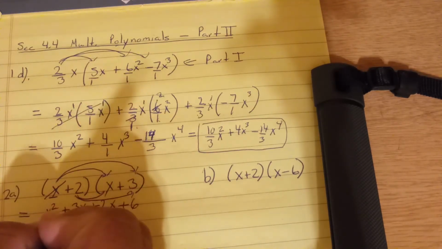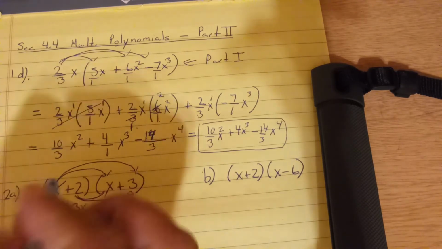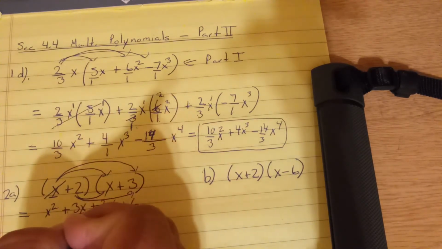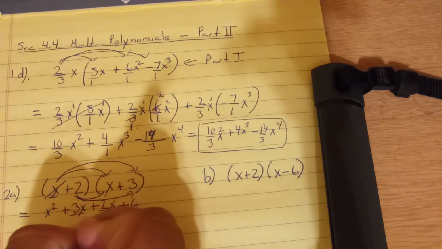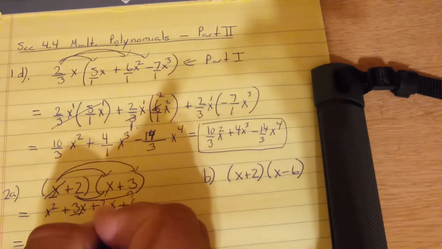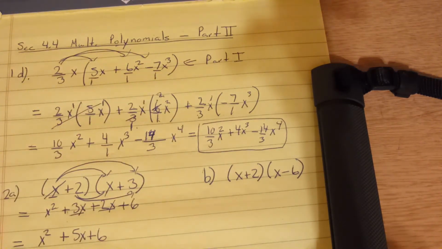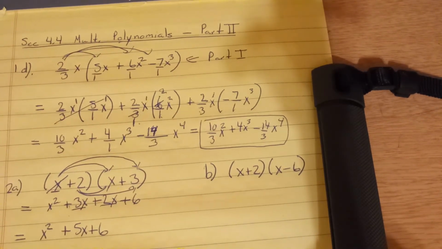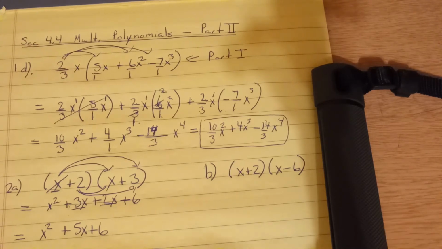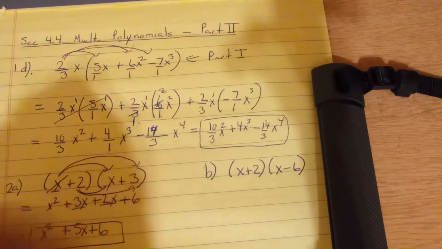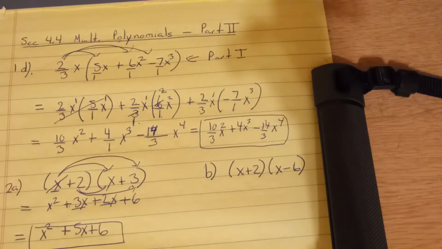So we're going to go ahead and keep the x squared. 3x plus 2x, that'll simplify to 5x. And bring down the plus 6. So you end up with x squared plus 5x plus 6. And that would be your answer right there. So once again, not too difficult.